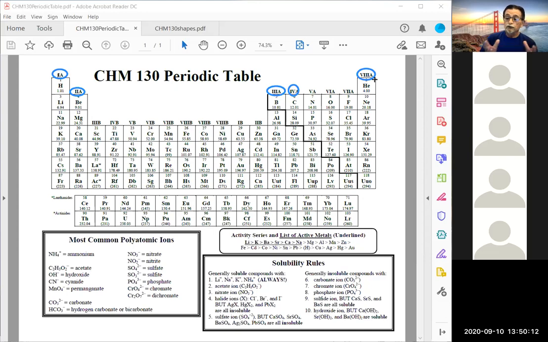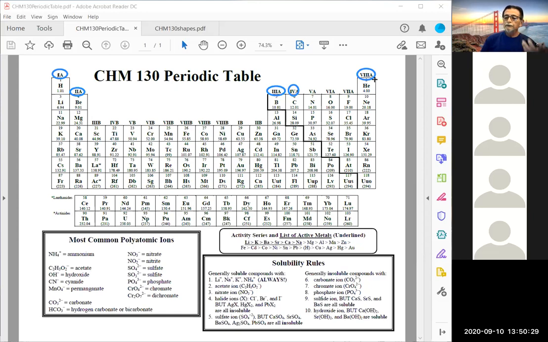because the outermost shell is full and it takes too much energy to take an electron out. Or if I put an electron in, it's not going to go in that outermost shell. It's going to go to the next energy level, which is not energy favorable, okay?